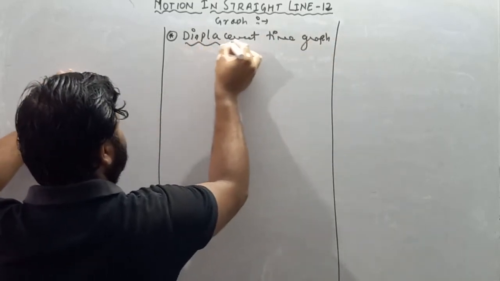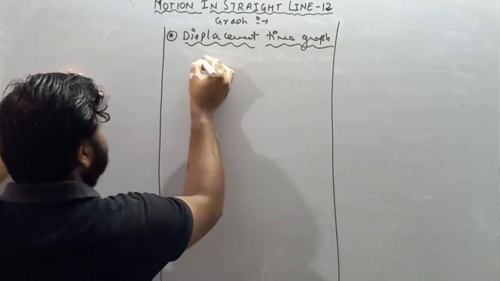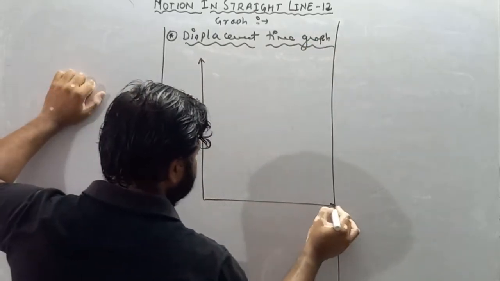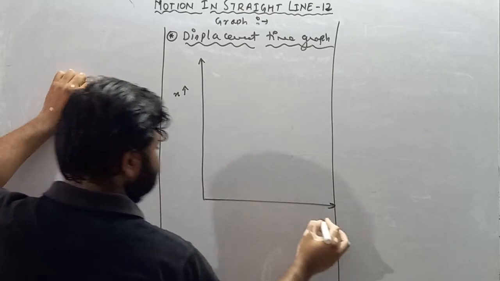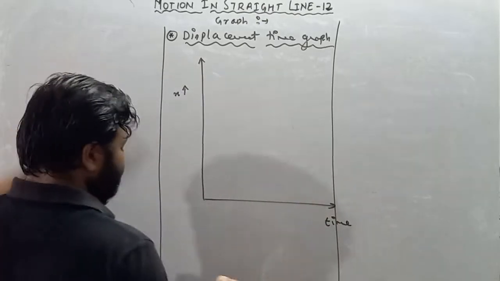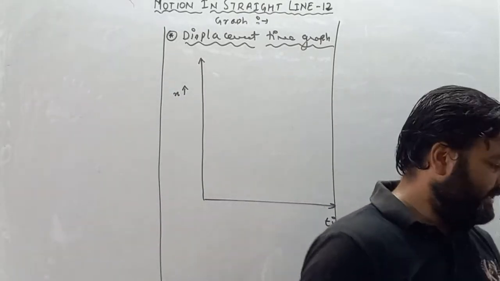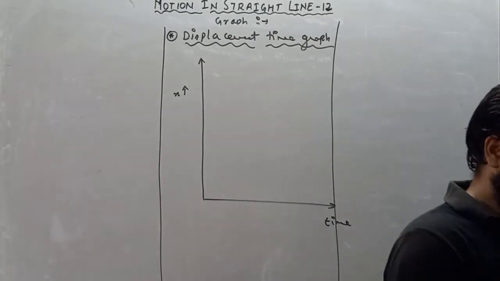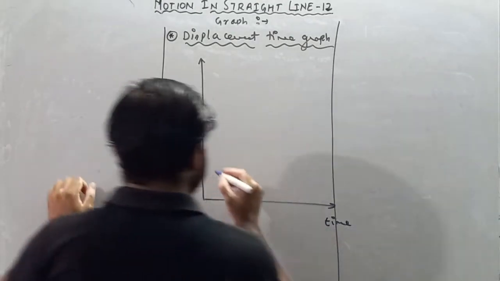So I'll make a graph of displacement versus time. Let's suppose a particle is moving in such a manner that the nature of the graph becomes like this.